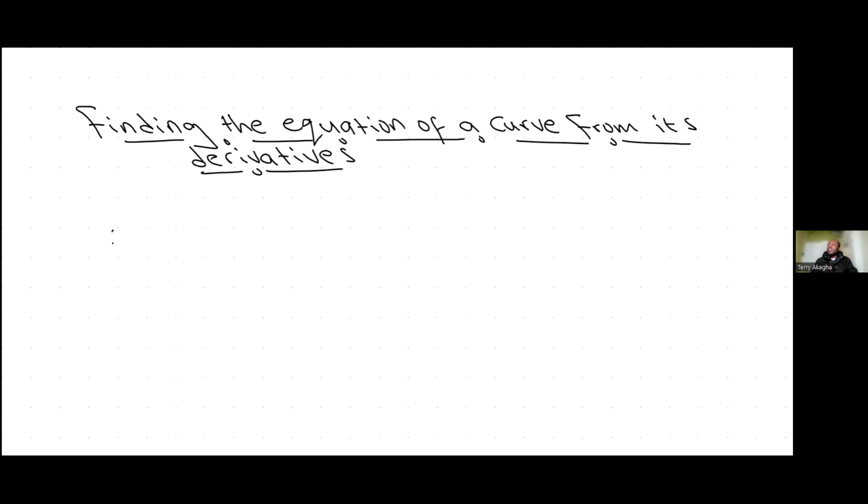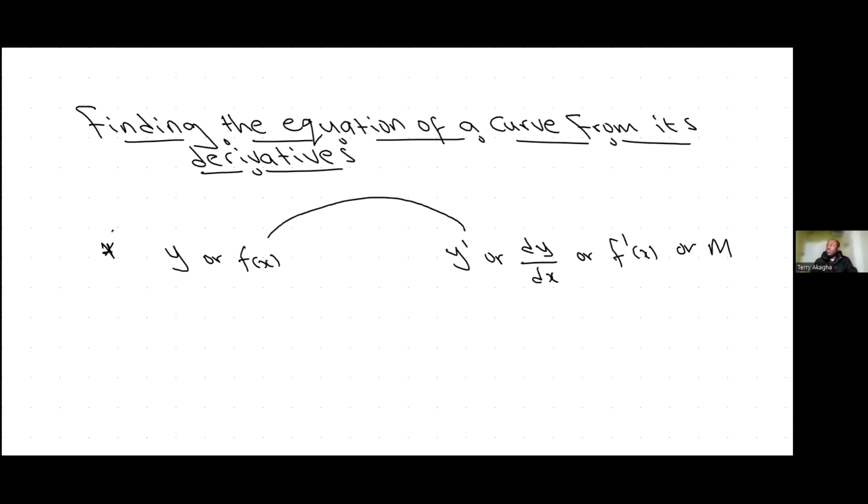So if, for instance, you have y, or sometimes it's called f of x, and you want to get your y prime, or you can call it dy over dx, or you can call it f prime x. In some cases, you can call it the slope or the slope of the tangent. So to get from y to y prime or dy over dx, what do you do?